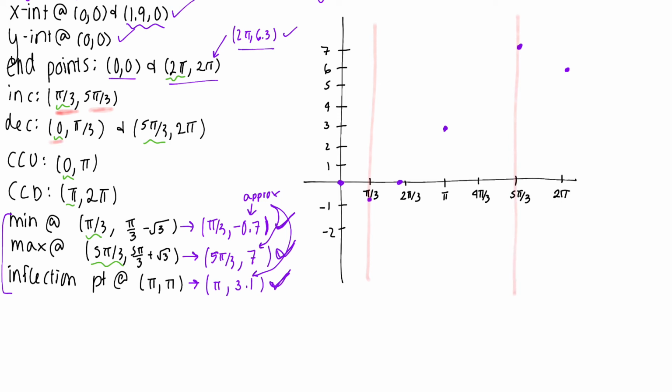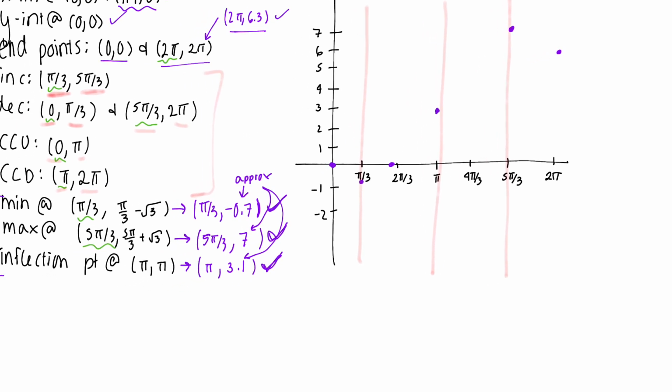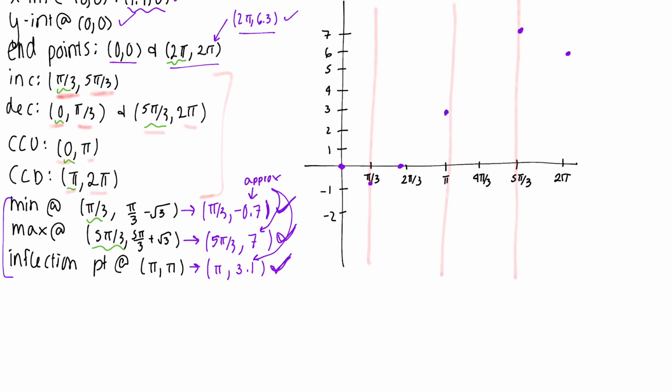At 0, which is where it starts, and 2 pi. At pi, stuff changes. We got pi over 3 already, we got 5 pi over 3 already. Oops, those ones don't count. You're only looking at these guys for the breaking points. So we have those breaking points.